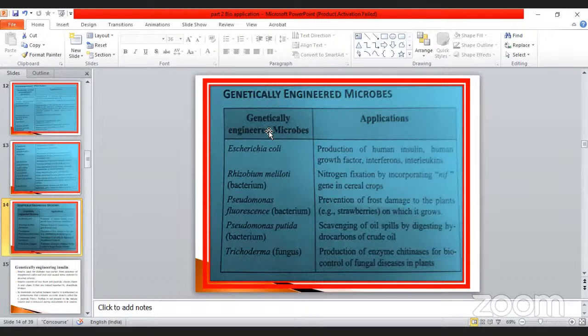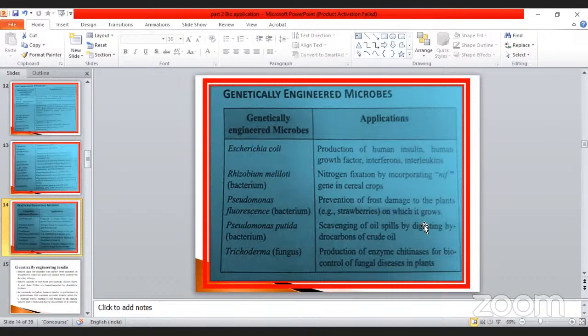Okay, see that one. So, genetically engineered microbes. See here, E. coli. Already everybody knows it is the most important vector, and also a microbe used for biotechnology as well as genetic engineering. See here, what are the main functions or applications of this E. coli bacteria?